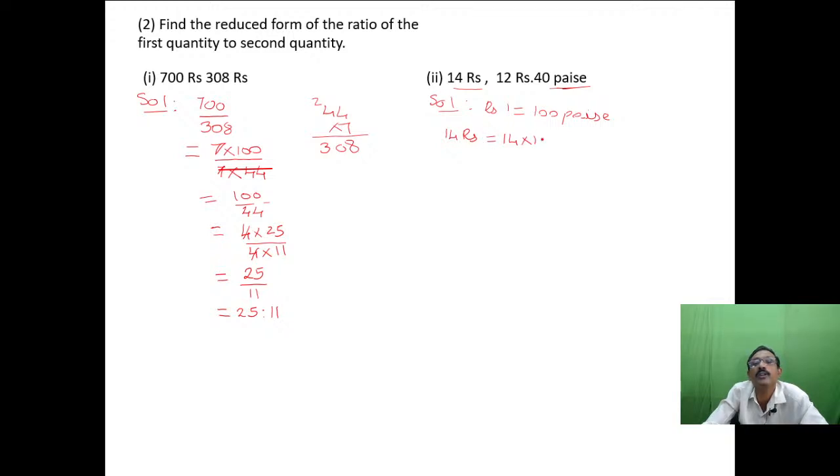How much does 14 multiplied by 100 give me? It gives me 1400 paise. Very carefully we have to write here 1400 paise. What is the next quantity if you see? It is 12 rupees 40 paise.